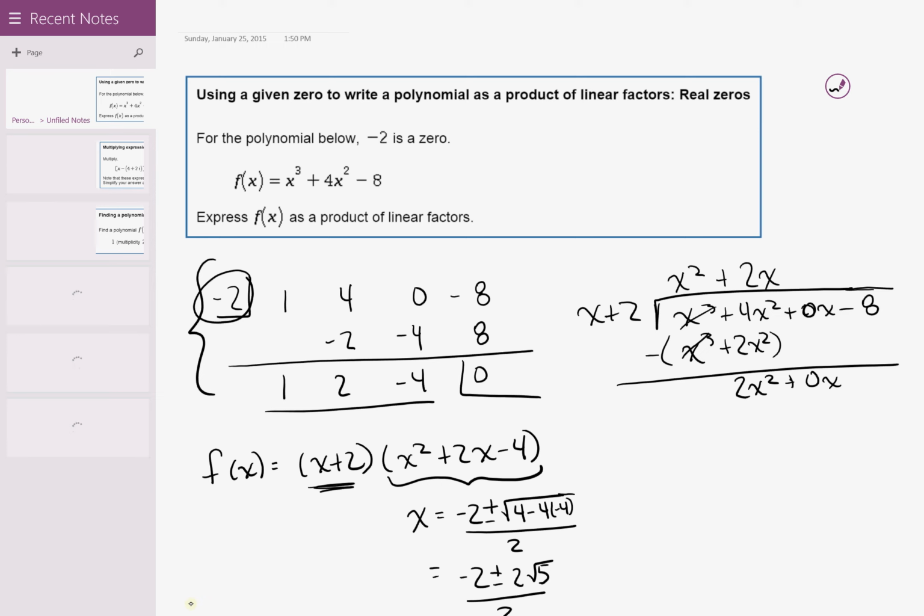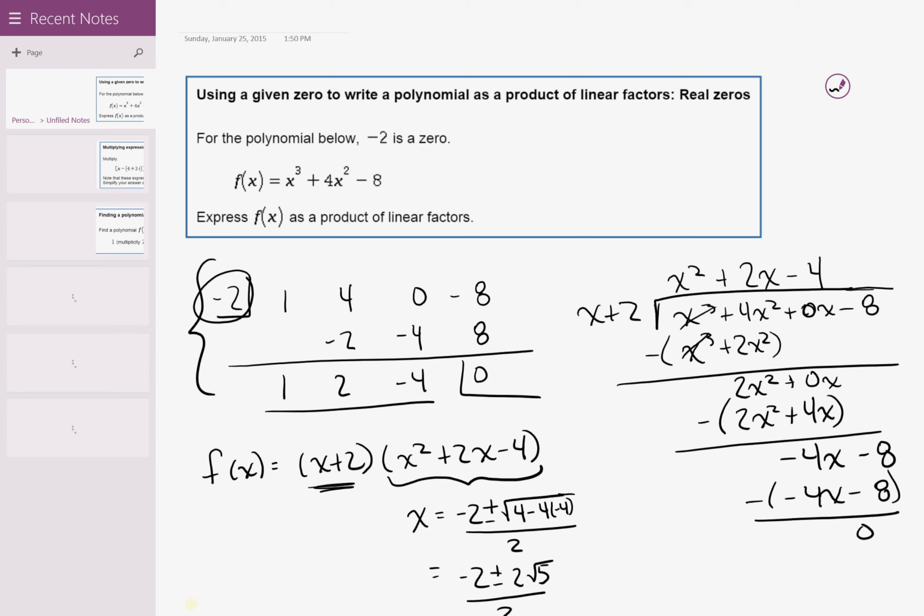And then this gives me 2x squared plus 4x. I subtract the whole thing. -4x minus 8. And then this is -4, -4x minus 8. Subtract the whole thing, and my remainder is 0.